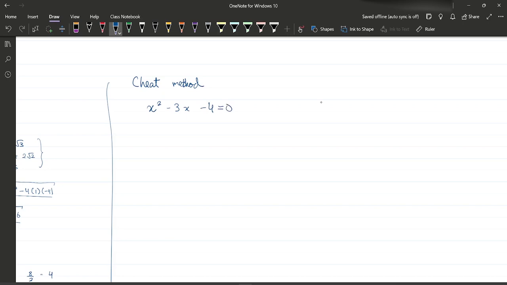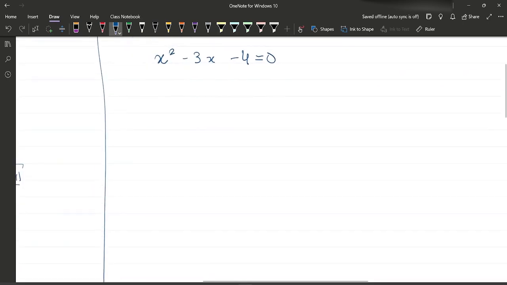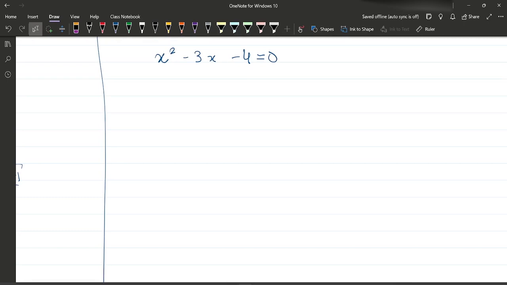Go to your calculator, press shift, go to mode, and press 5, which is also known as EQN, then press 3, which shows you ax squared plus bx plus c equals 0, and then you put in your values.